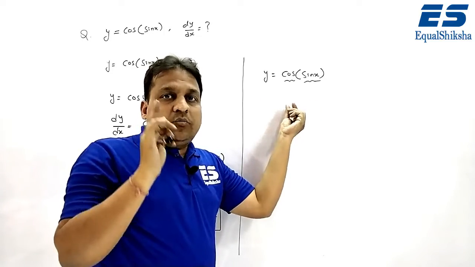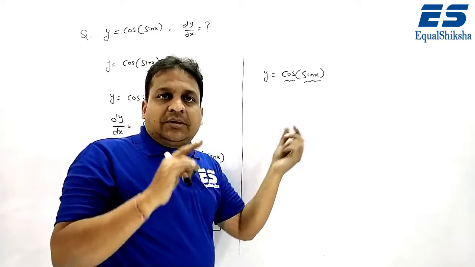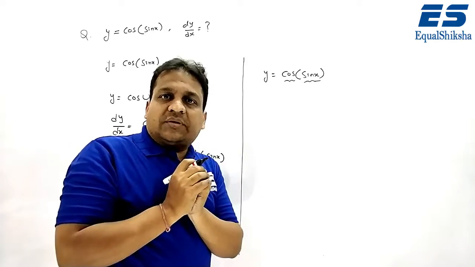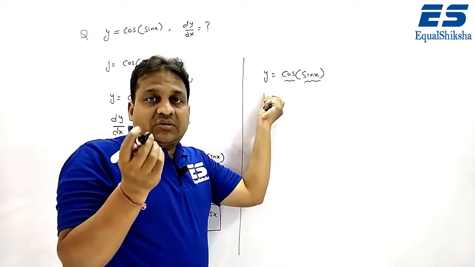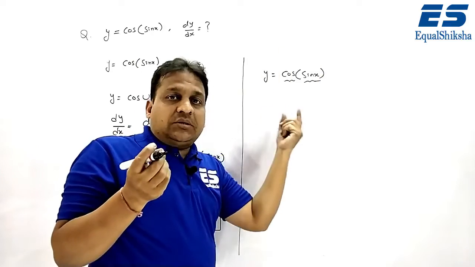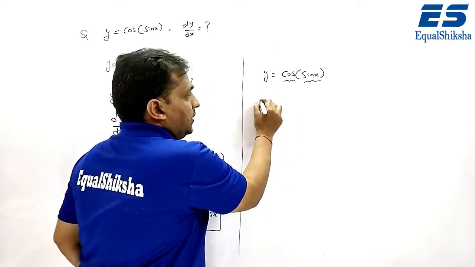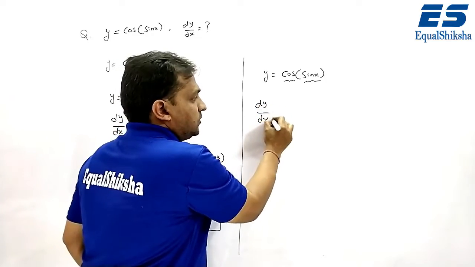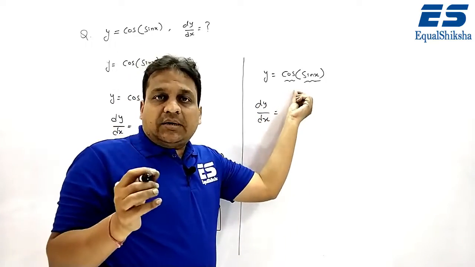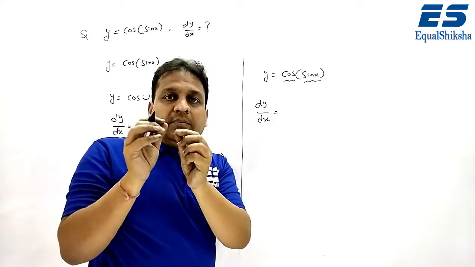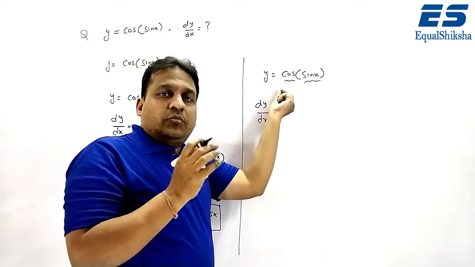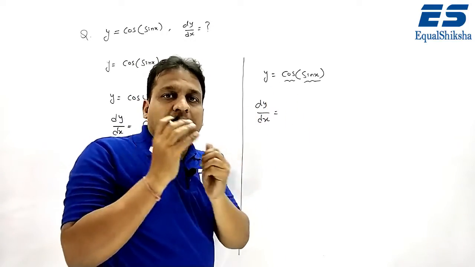So first we have to differentiate the first function, then we differentiate the second function. When we differentiate the first function, the remaining function will be considered as x. It means here the first function is cos and the second function is sin x.